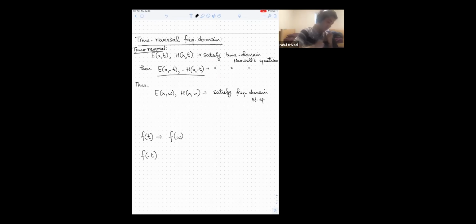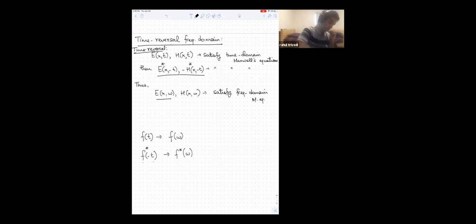then the Fourier transform, where we are working with phasors, so there should be a star here, sorry. There should be a star here. So then the Fourier transform of f star of minus t is going to be f star of omega. Okay, so this is a simple property of Fourier transform.